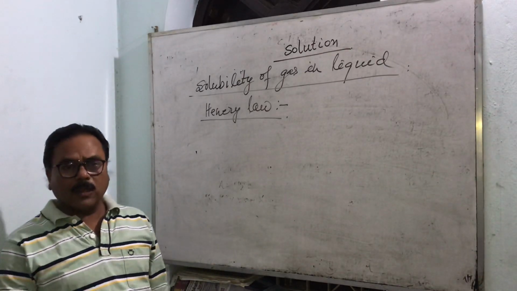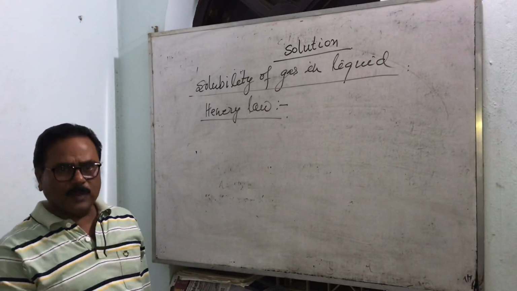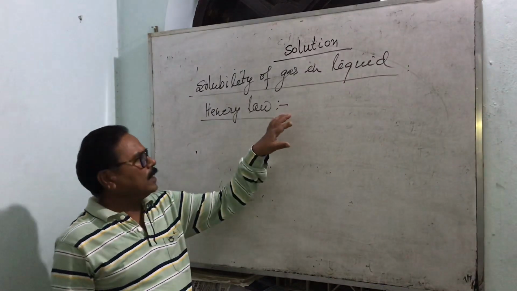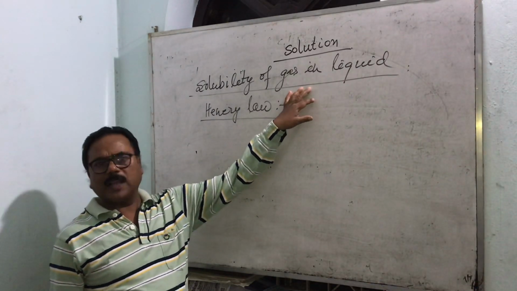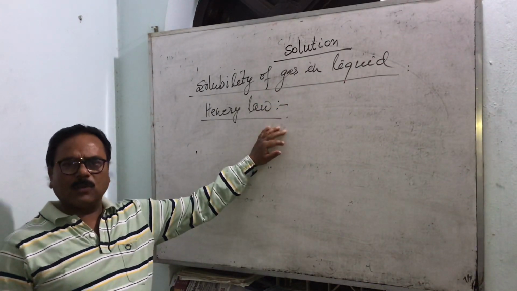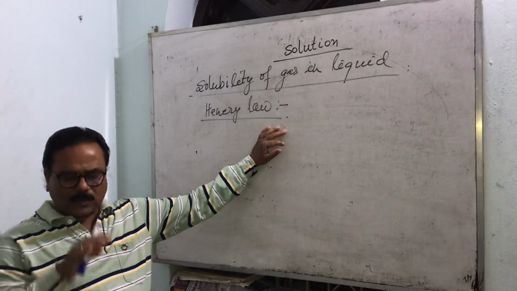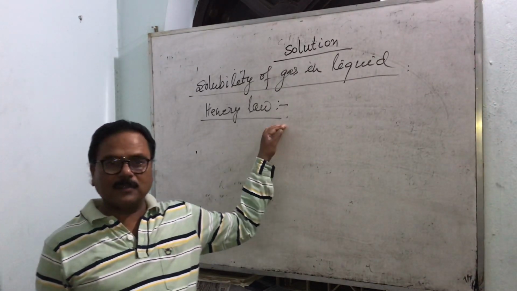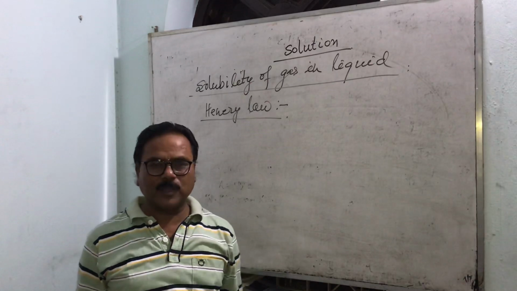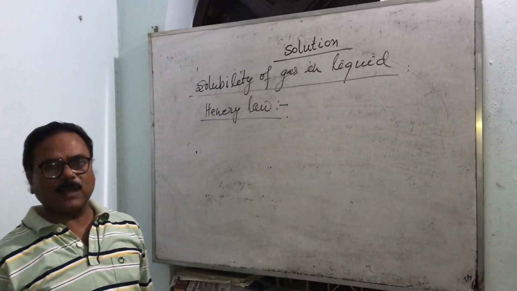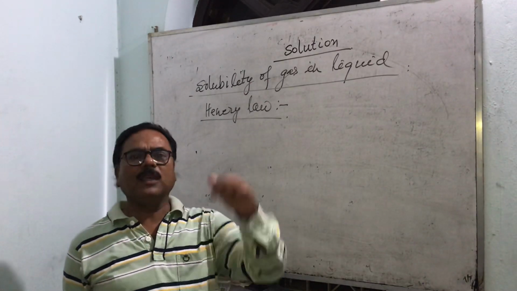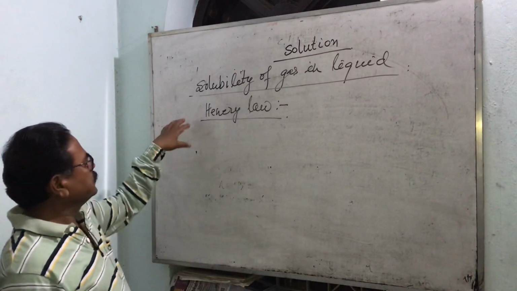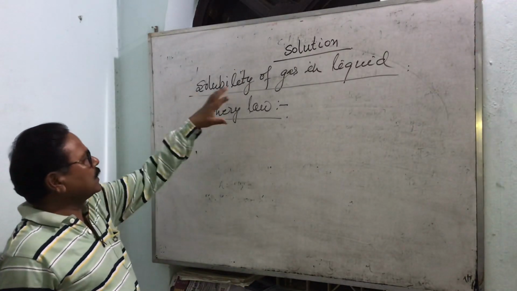But all of this depends upon the nature of the reaction. If the reaction is exothermic, then on increasing temperature the solubility will decrease, and if the reaction is endothermic, then on increasing temperature the solubility will increase. So these are the concepts regarding solubility.